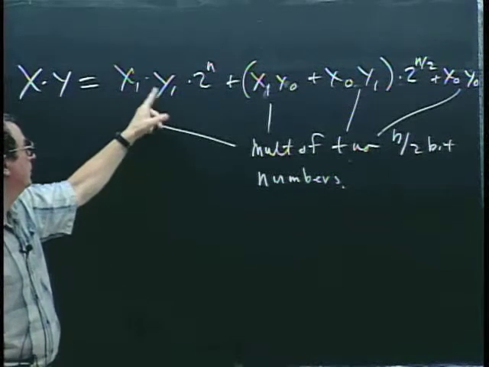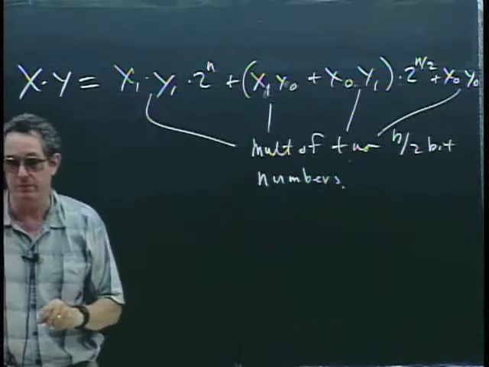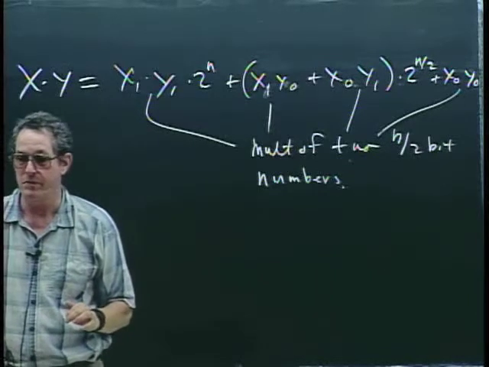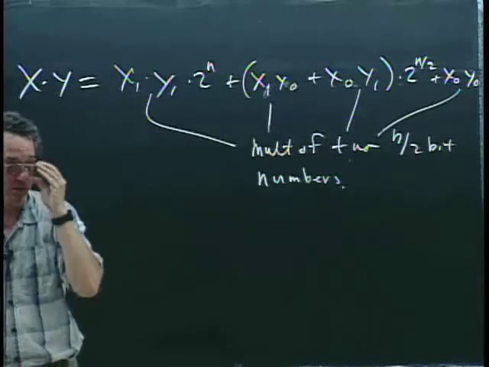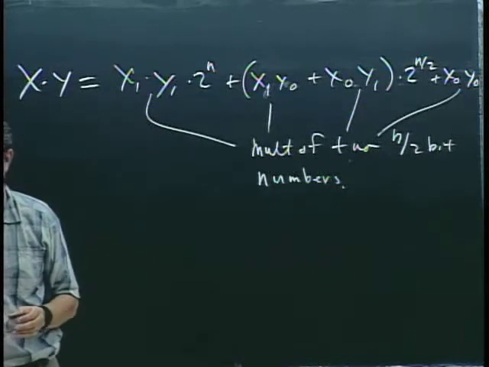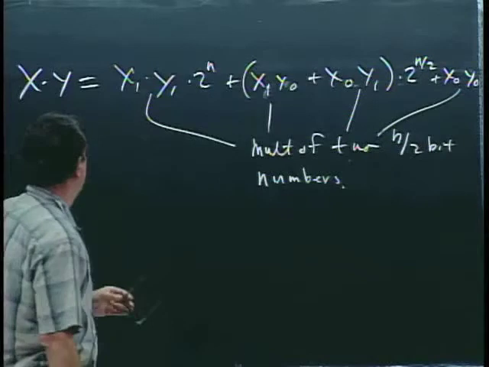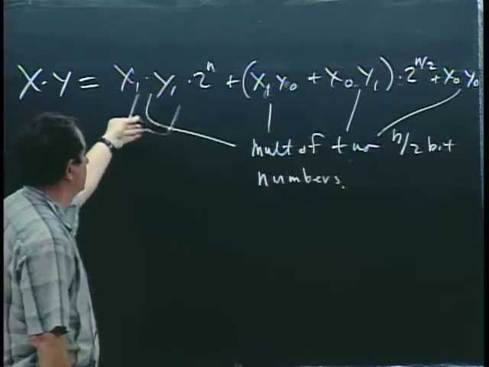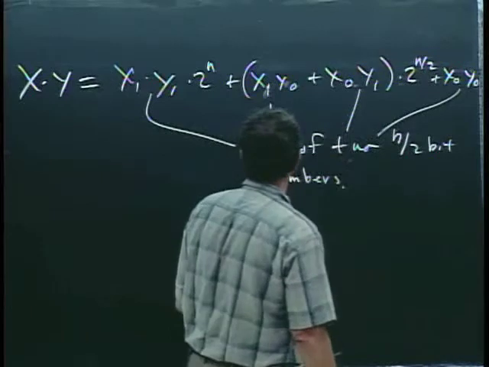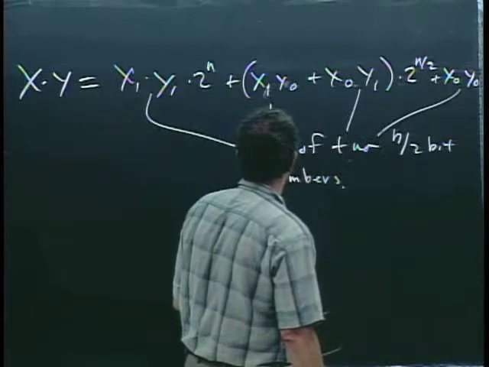When you multiply 2 n over 2 bit numbers, what's the size number you get? How many bits in that? N bits, I think. Yeah, so this is just going to be a rewriting of n bits, and this is going to be a rewriting of n over 2.